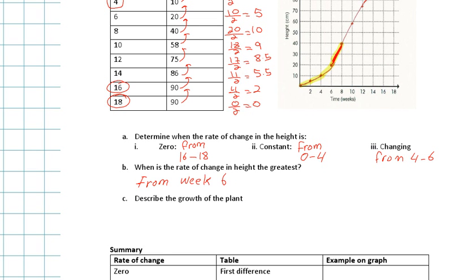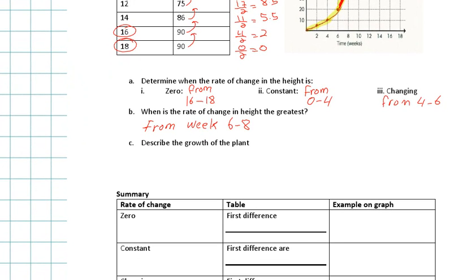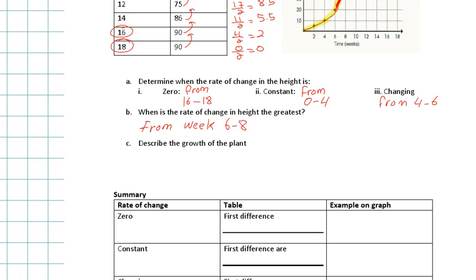So I'm going to write this sentence. So it grows at a constant rate. We already discussed all this from 0 to 4 weeks.